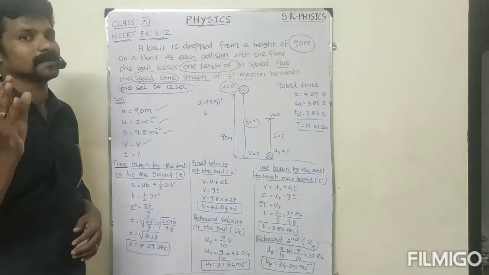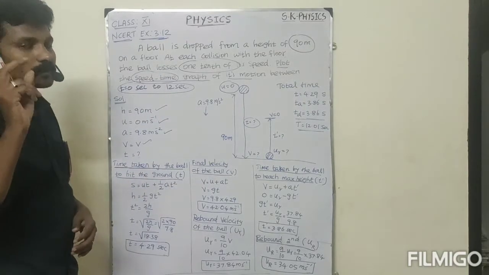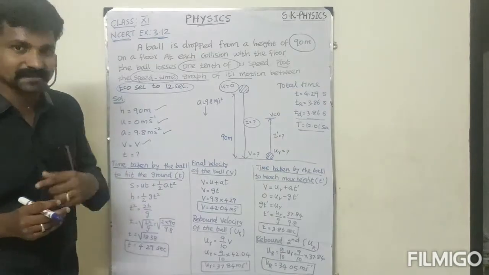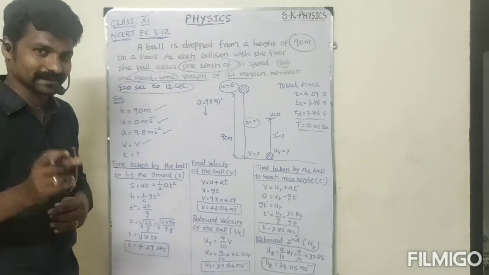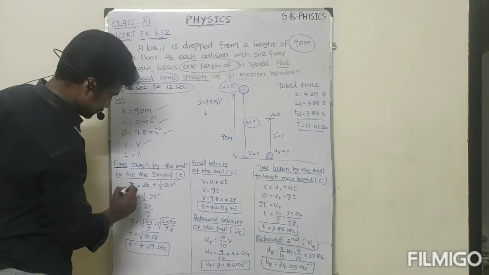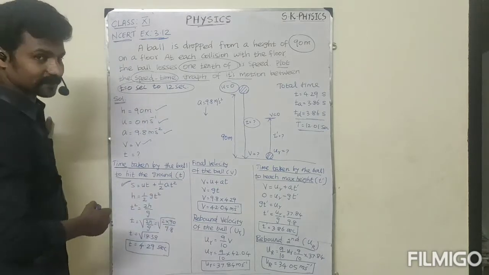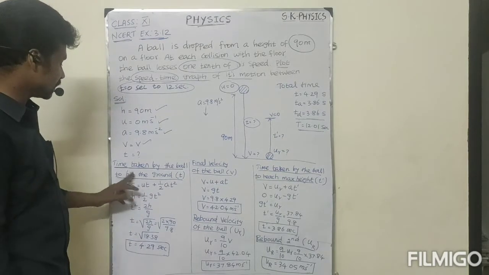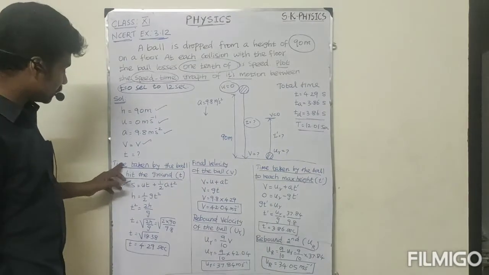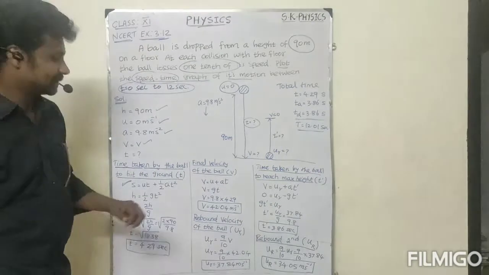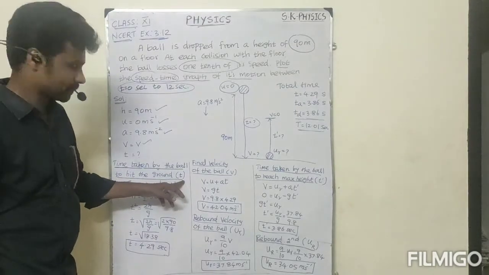You know the relationship between the position and the time from the equations of motion. Can you remember? Yes, that is S equal to ut plus half at square. By using this equation, it is possible to find the time taken by the ball to hit the ground, taken as t.